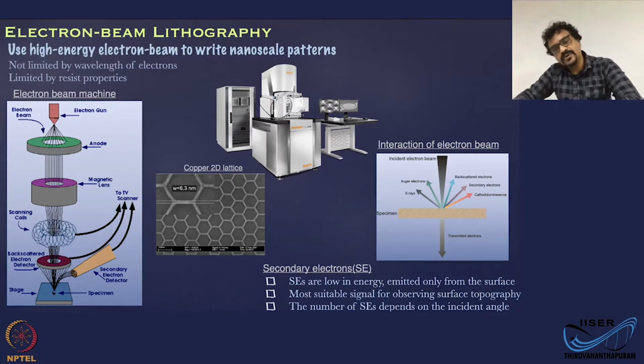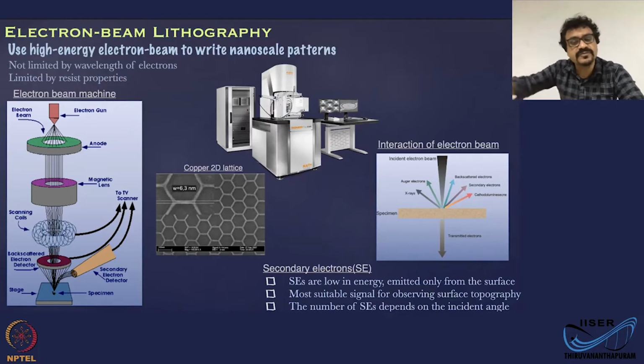The electron beam microscope and this electron beam machine can image and also write with very high resolution, of the order of a few nanometers. The modern day machines can go down to a few nanometers in imaging resolution. But the writing resolution, as I mentioned, is mostly limited by the properties of the resist that we use. Okay, the polymer or the resist that we have on top of the substrate.